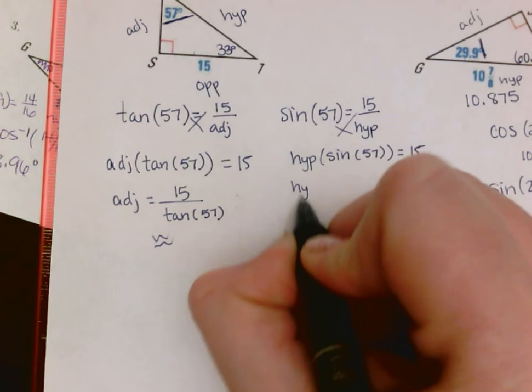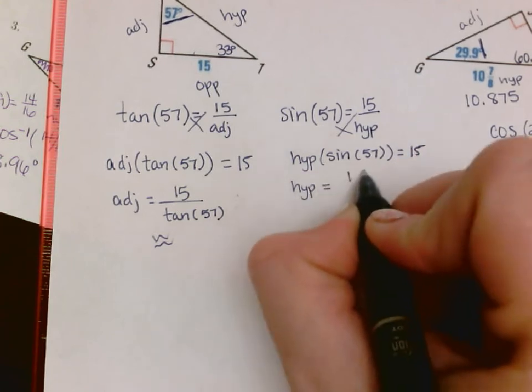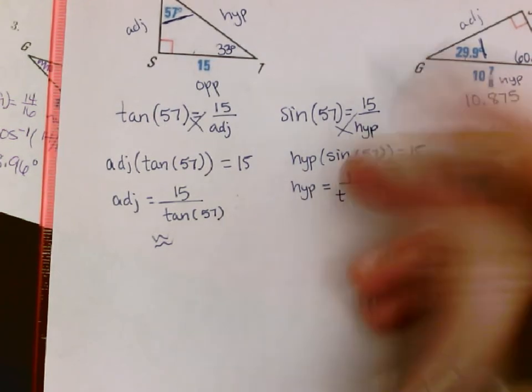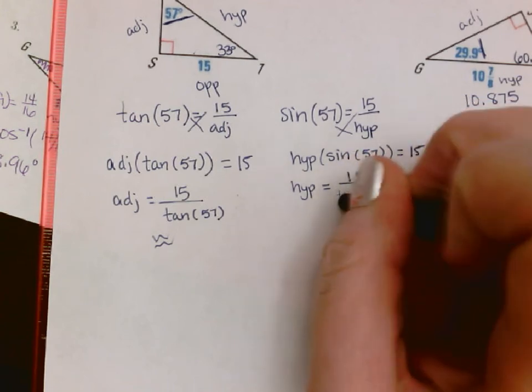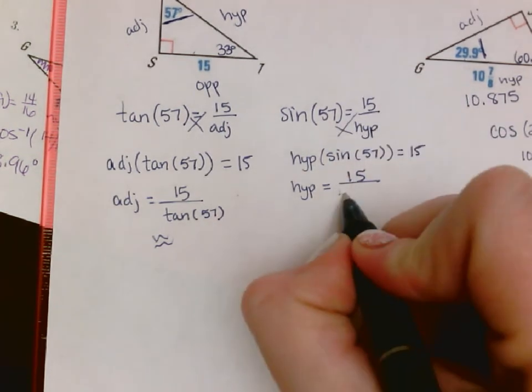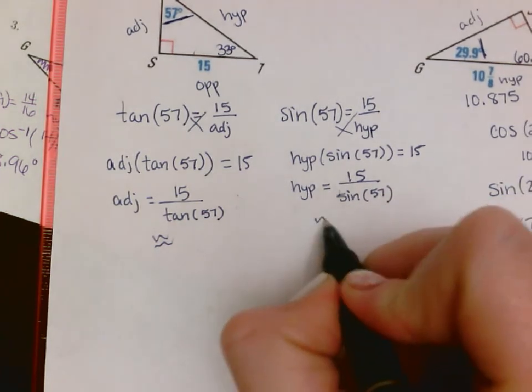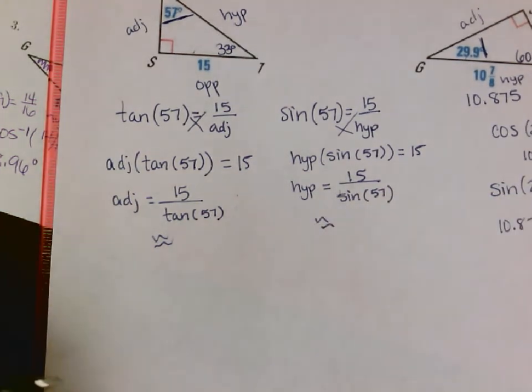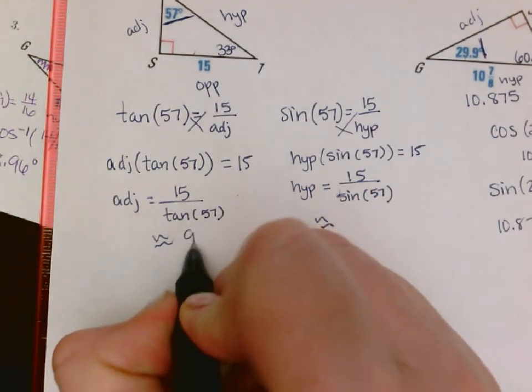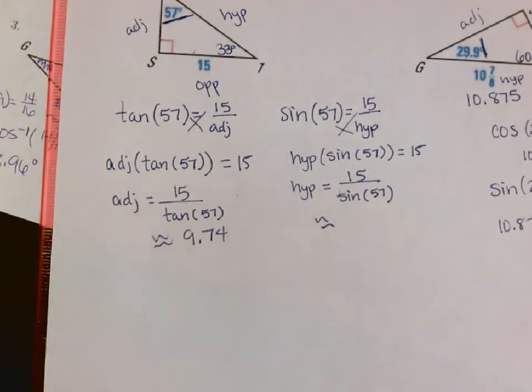Divide, hypotenuse equals 15 divided by sine of 57, approximately. So this is approximately 9.74.